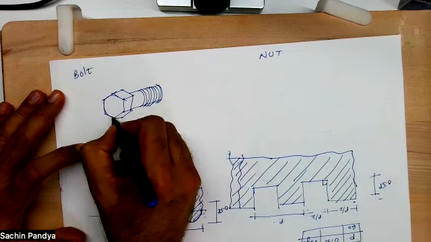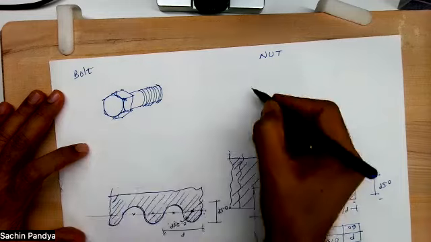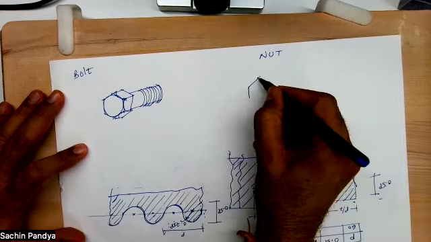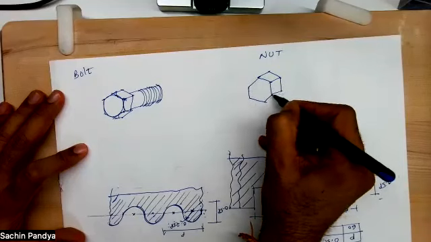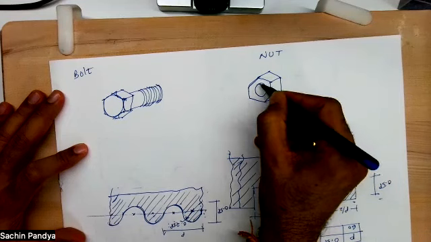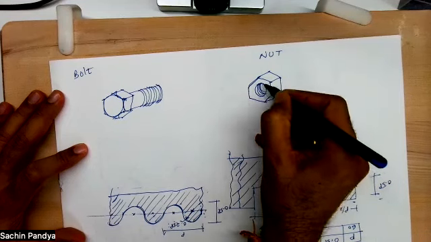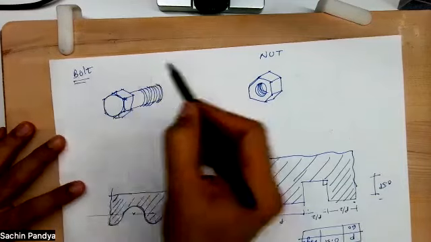This is a bolt, a hexagonal bolt. And this is a hexagonal nut. All of you got this? Have you understood the difference between bolt and nut?